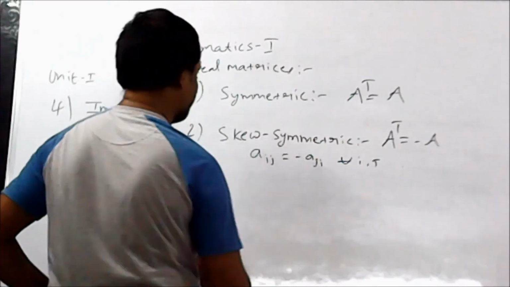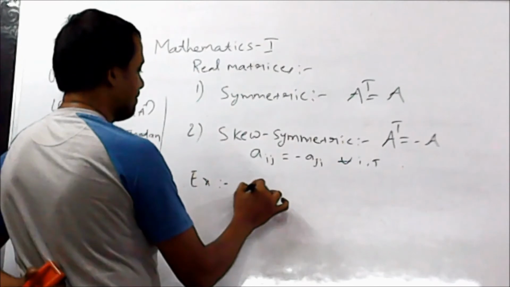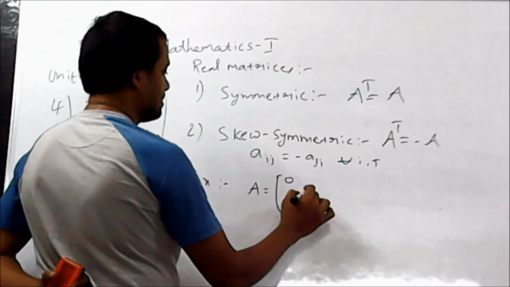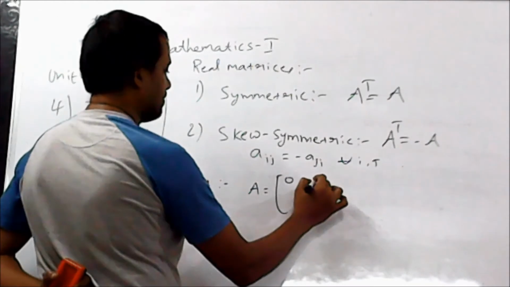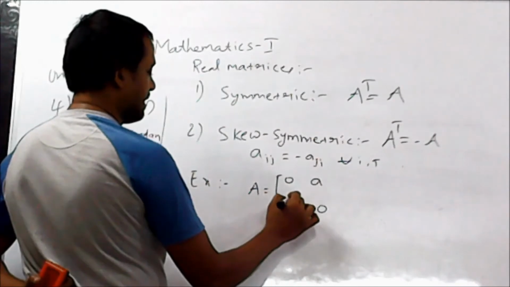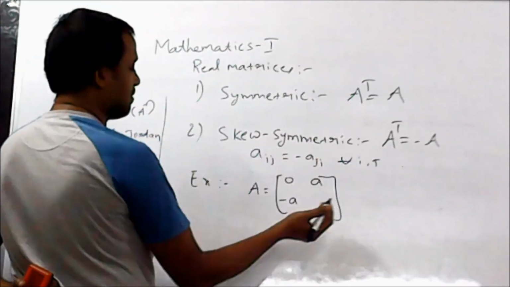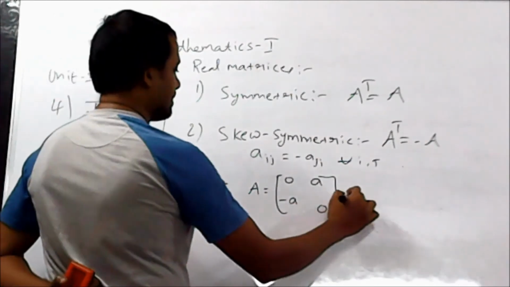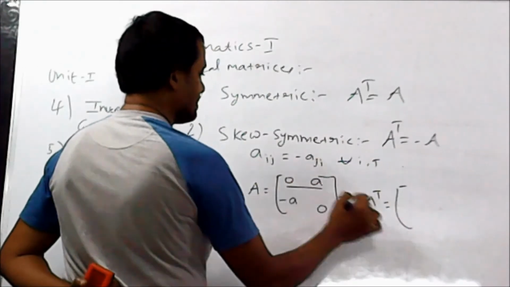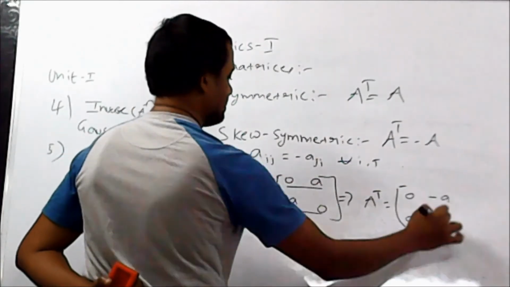Then we go for an example. Suppose for the first example, you can always write a 2 by 2 matrix. The diagonals must be zeros. For the remaining, whatever you write as a here, the other must be minus a. Their sum must be 0, a_ij plus a_ji equal to 0. Now transpose the matrix A. What is the transpose? Write the row as a column: 0, a. Second row: minus a, 0.